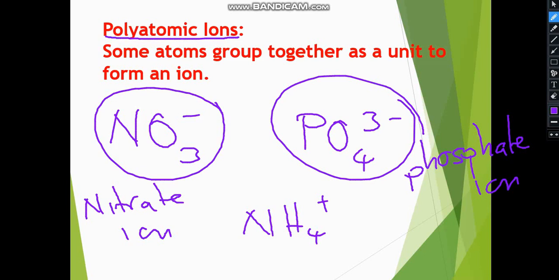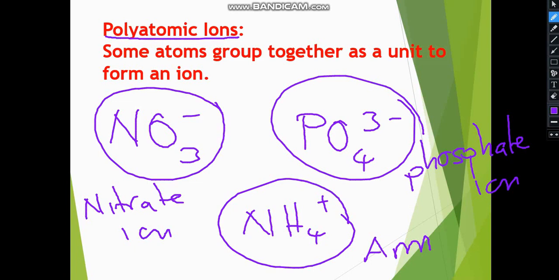Then this one is the ammonium ion. So you need really to know these and more ions. If you master them, then you can easily write a name that involves polyatomic ions. So let's see some examples of compounds involving polyatomic ions.